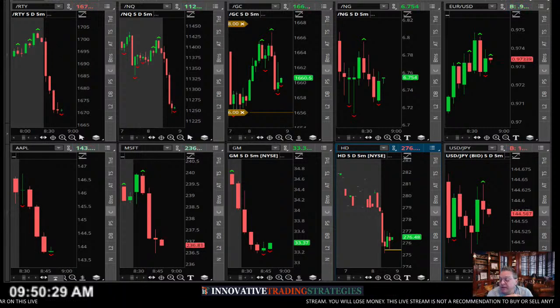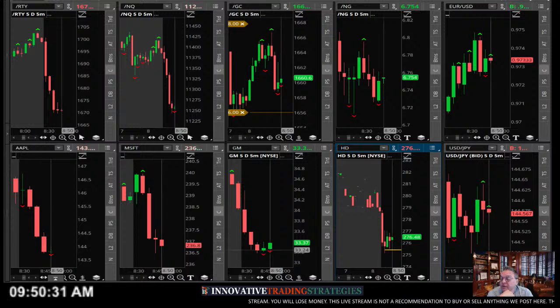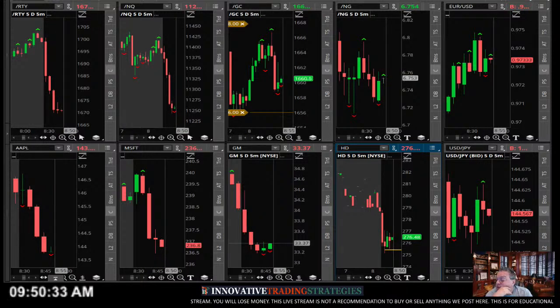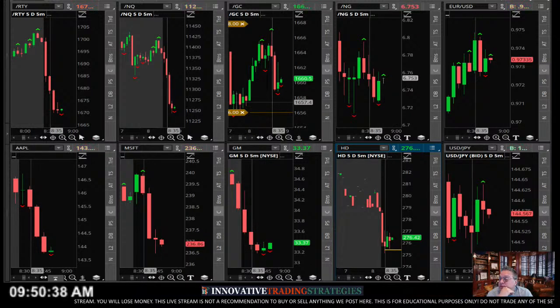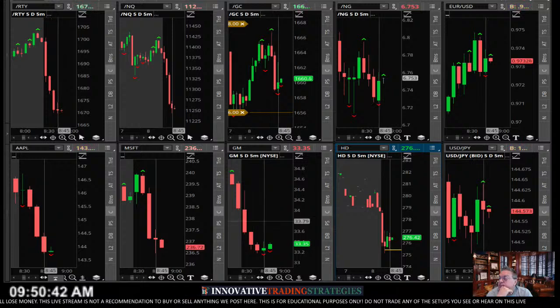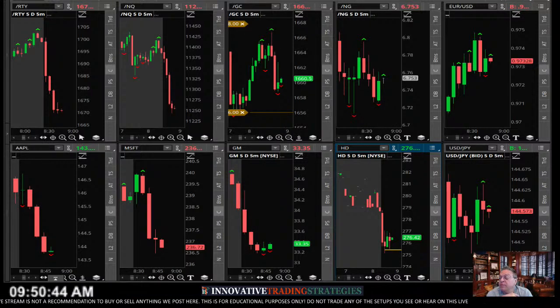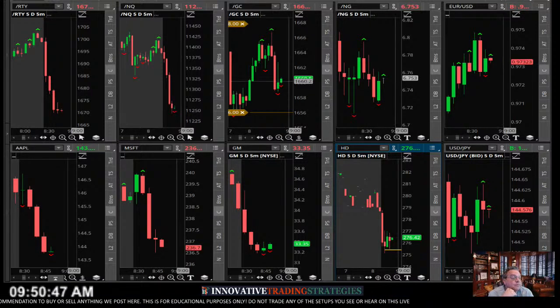Looks like GM wants to come down. See that double carrot on the 5-minute over here on GM? Those double carrots are usually a strong indication it's going to come down some more. Got a double carrot on gold, so maybe gold's going to have a little bit of a pullback here.